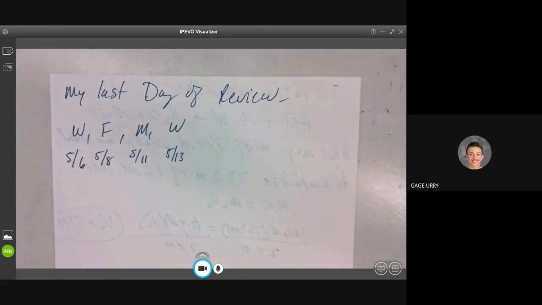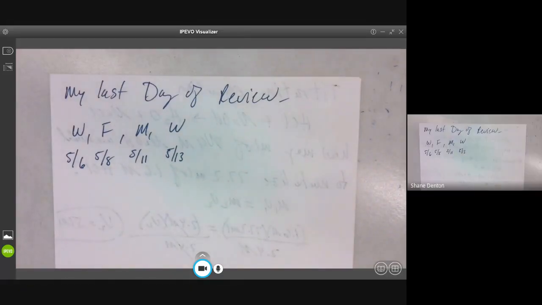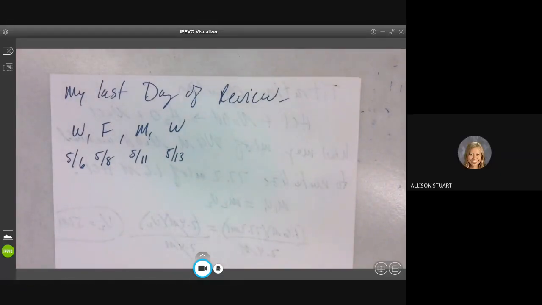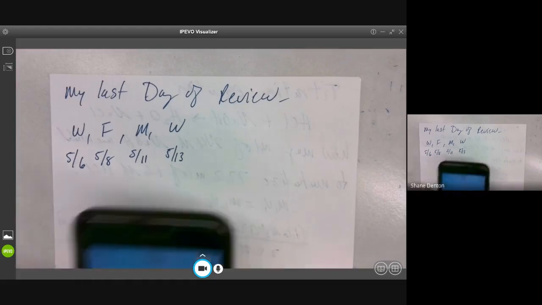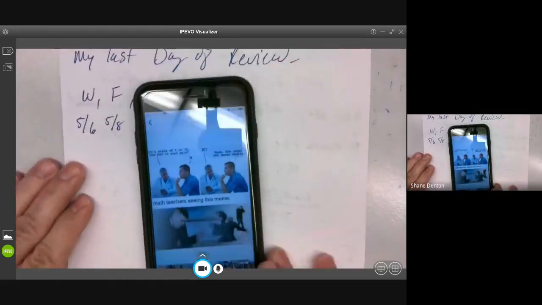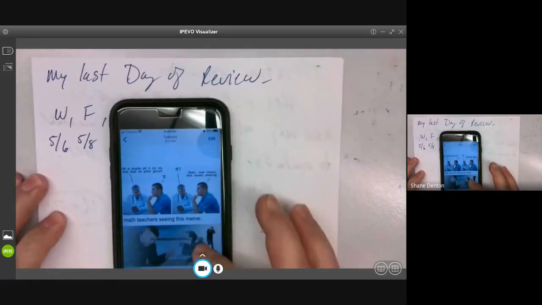Do you still make jokes to yourself about your name on the wall even though we're not there? Oh man, that's not very nice. I will say, just give me one second. I've got to show you guys something. The other day, and yeah, I'm old, I'm on Facebook, and I literally laughed out loud at this meme.